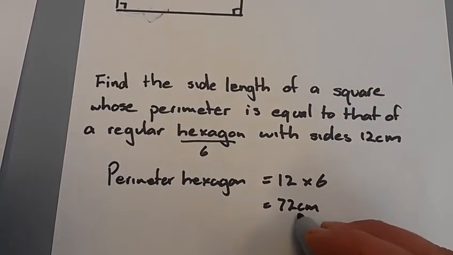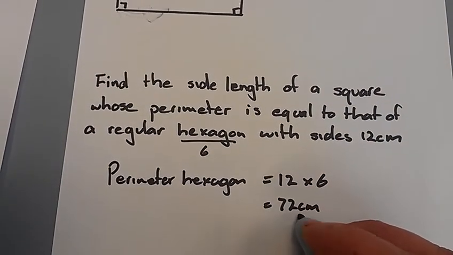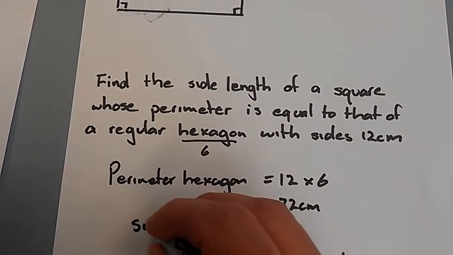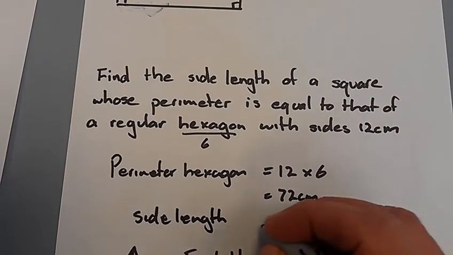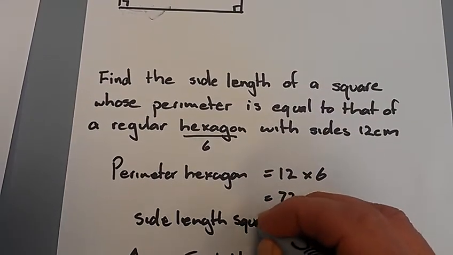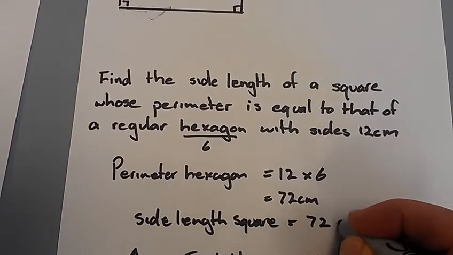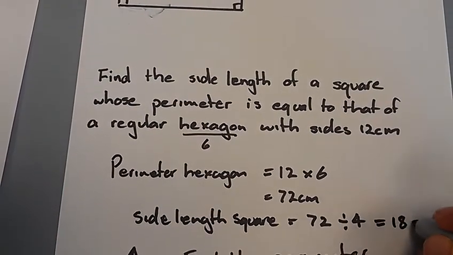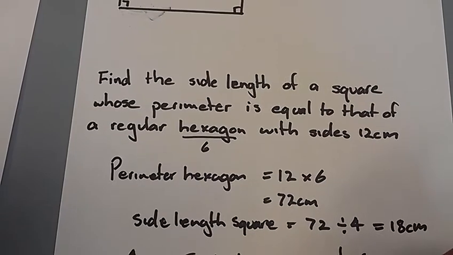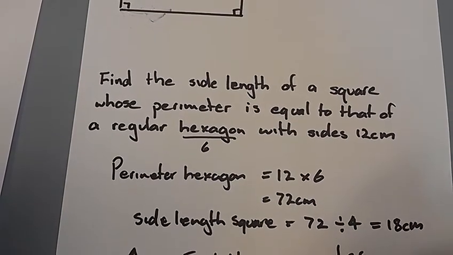So that's the same as the perimeter of the square. So to get the side length of the square, well, a square doesn't have 6 sides, it only has 4. So the side length of the square is going to be the 72 divided by the 4. If I do that, I get 18 centimetres as the length of the side of a square.